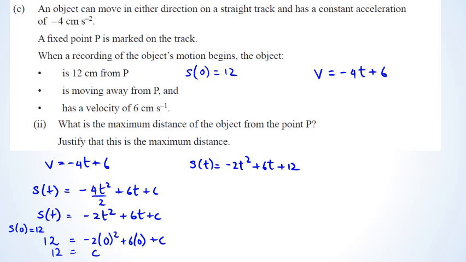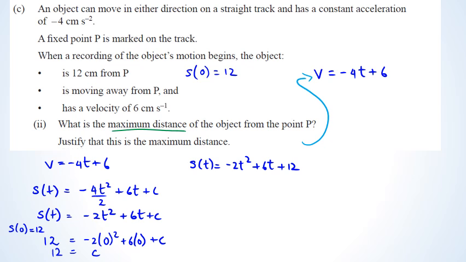Now that's the first part. The second part is asking you to find the maximum distance. For maximum distance, you need to put velocity equal to 0, because when the velocity is 0, that's when it has reached its maximum distance. I don't need to differentiate s of t, because if I differentiate it, I'll end up with velocity, which equals negative 4t plus 6.